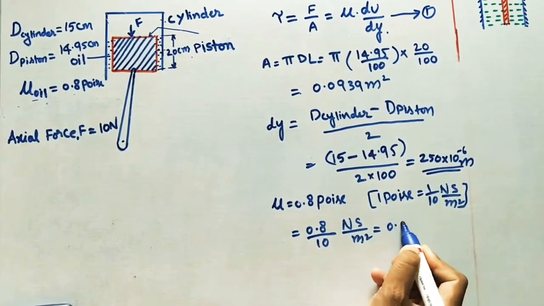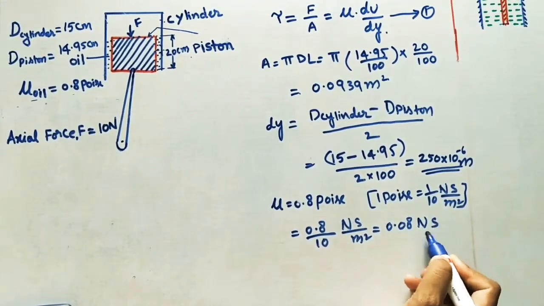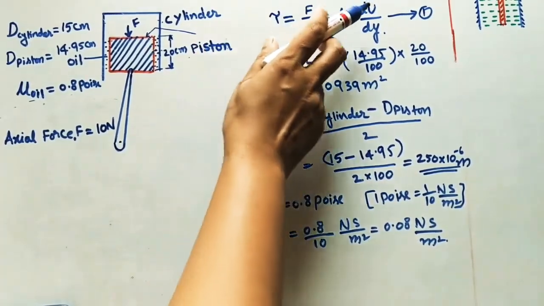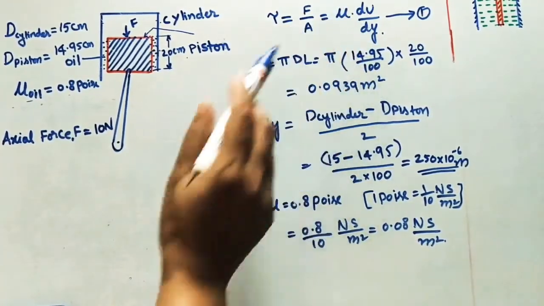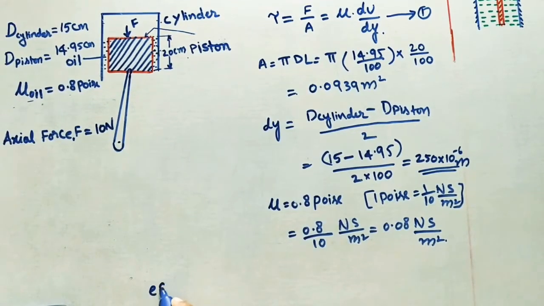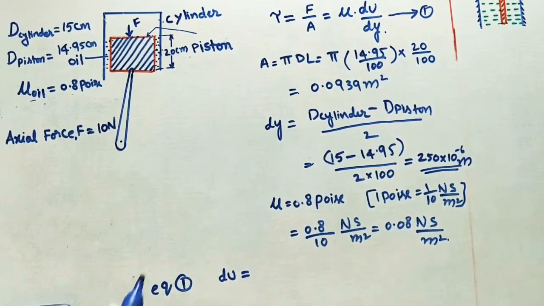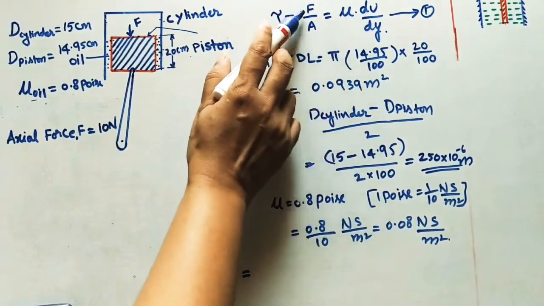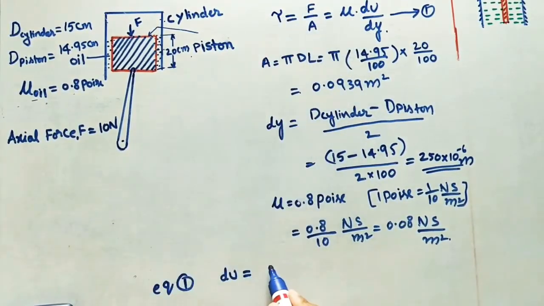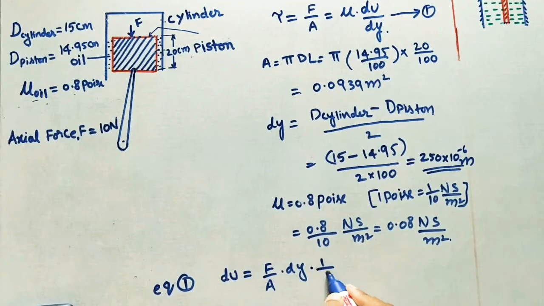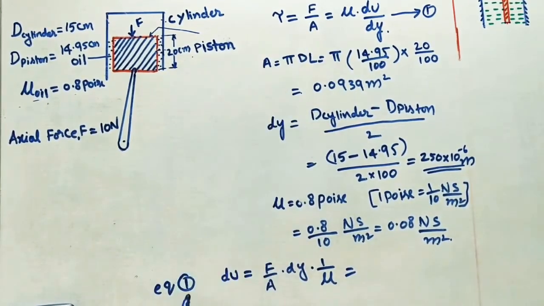We will get 0.08 Newton second per meter square. Substitute all these values in this equation and we will get du. Take equation 1. From equation 1, du is equal to F by A into dy, divided by mu, or 1 by mu we can take.